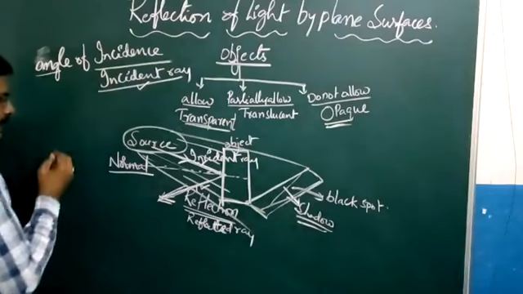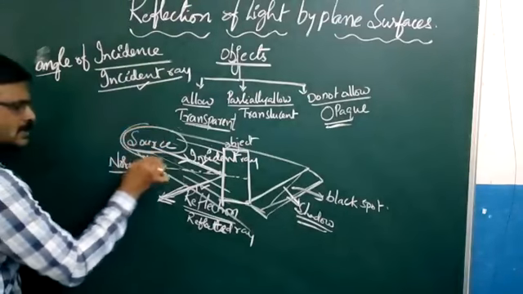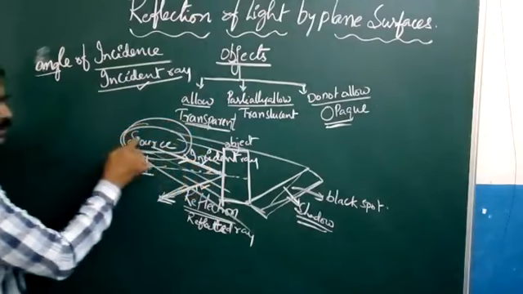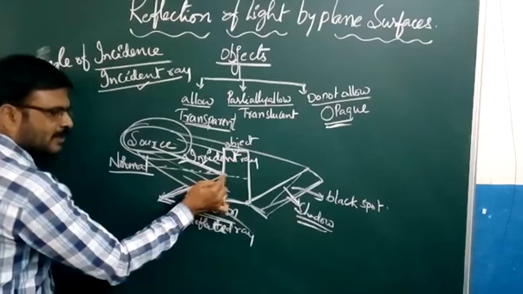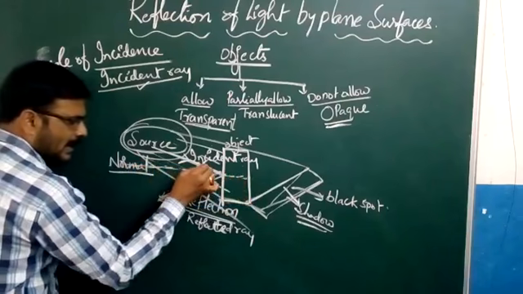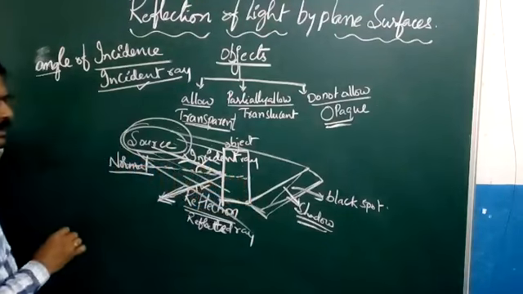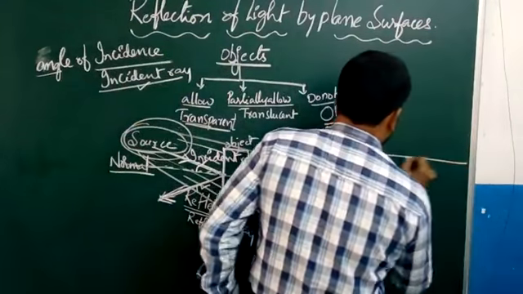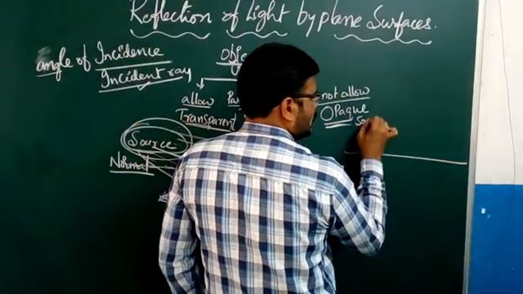When a light ray comes from the source towards the opaque body and falls on it, at that point, if you draw a normal, the angle that the incident ray makes with the normal is called the angle of incidence. Let us say this is your source.